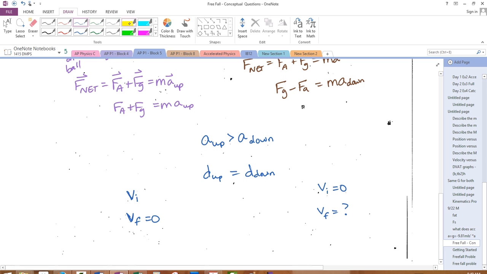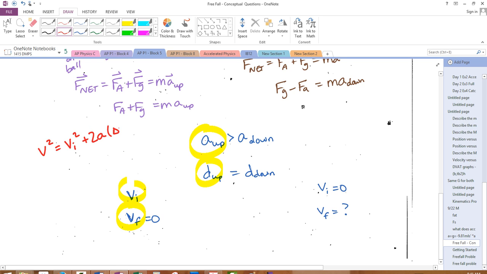Do you have an equation that has acceleration, initial velocity, and final velocity? I bet you do. V squared equals Vi squared plus 2a times x minus x.